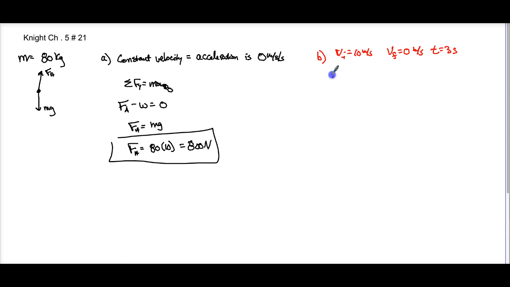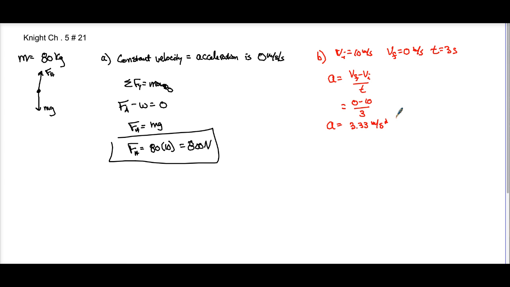That's all we need to find the acceleration. We have a equals v sub f minus v sub i over t, where we get 0 minus 10 divided by 3, or our acceleration in that y direction is going to be 3.33 meters per second squared.